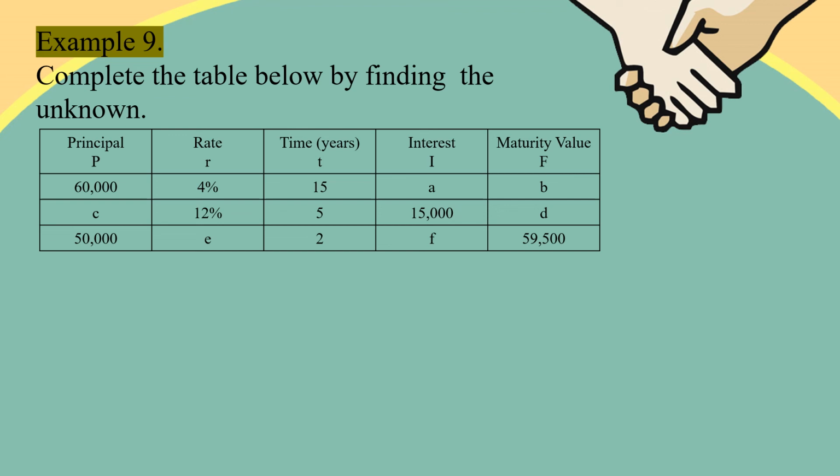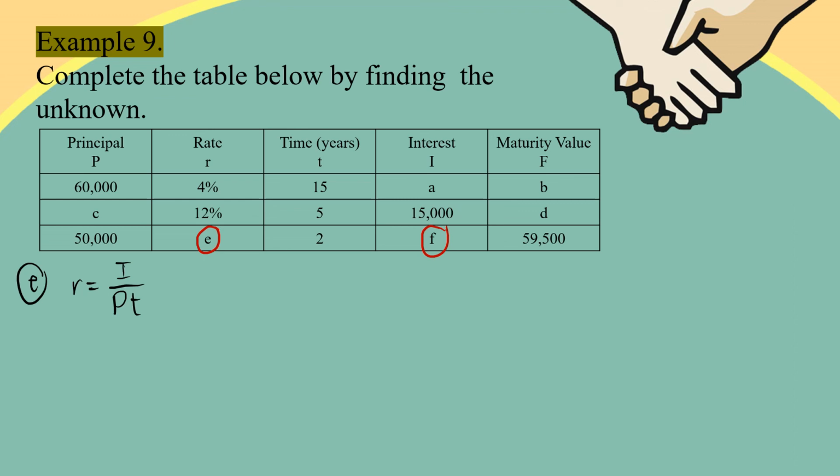So, dito, ang hinahanap naman ay yung rate tsaka yung interest. Okay, so hanapin muna natin yung rate or interest. Okay, so sa rate, ang formula for the rate ay rate is equal to interest over principal times time.